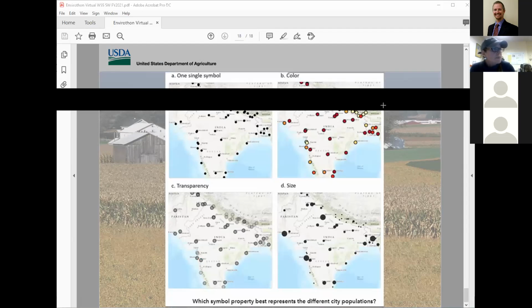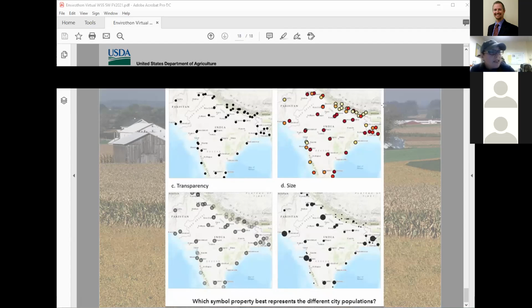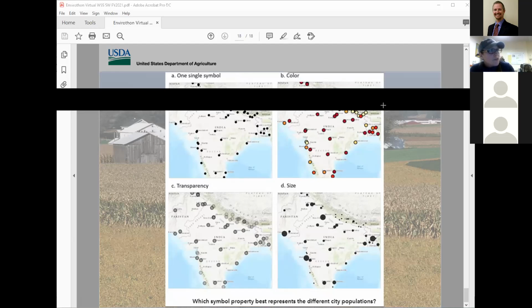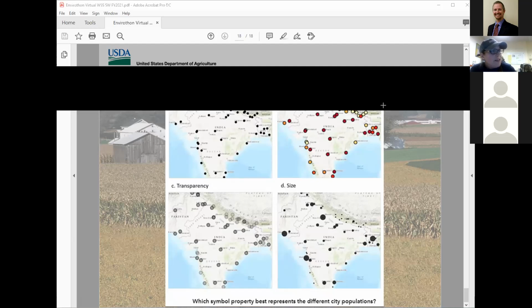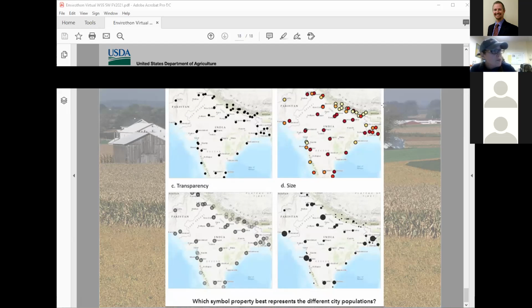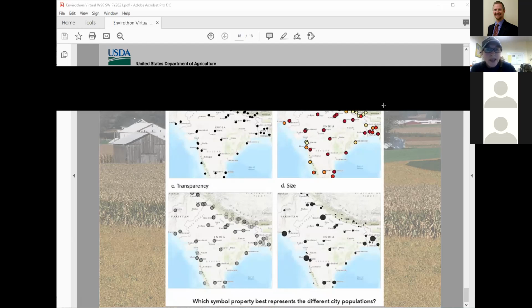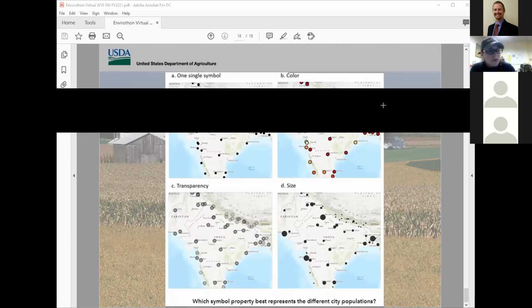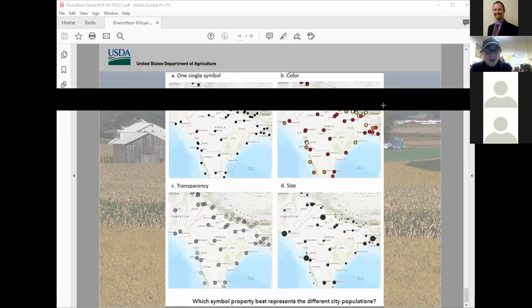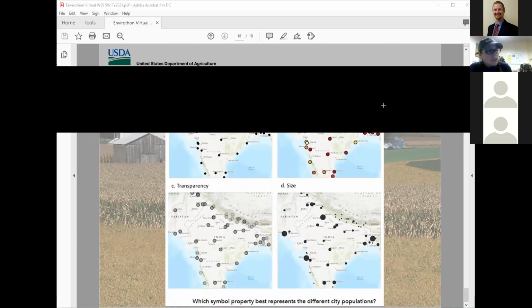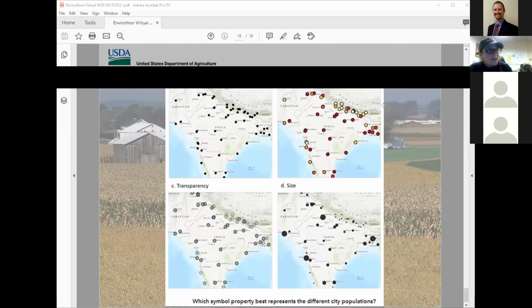I brought this up because I saw this recently, looking at different ways to look at a map, and I kind of liked it because it said which symbol property best represents the different city populations. So remember, when you're looking at a map, things were put there especially to represent something, to enhance how it is represented.